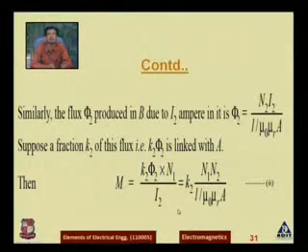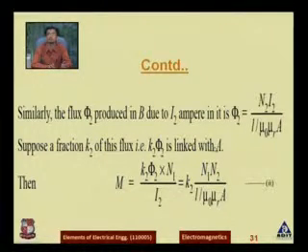So similarly, in coil 2, flux Phi 2 will be produced due to I2 ampere, that is flux Phi 2 is equal to N2 into I2 divided by reluctance. Suppose a fraction K2 of this flux, that is K2 Phi 2, is linked with coil 1.